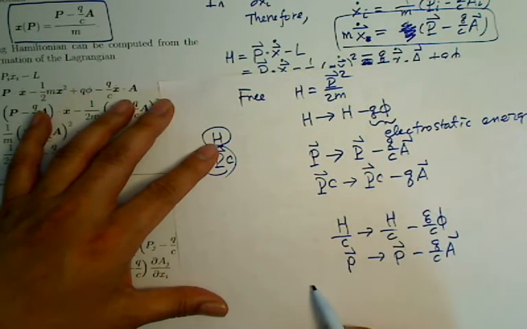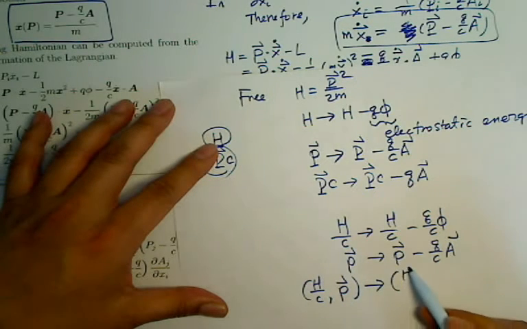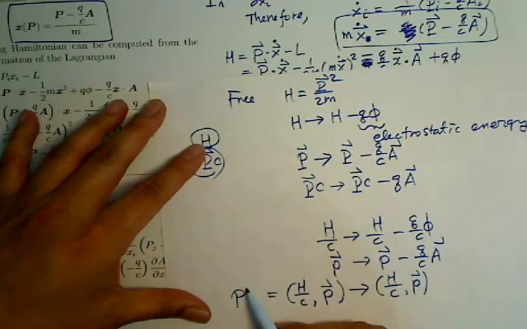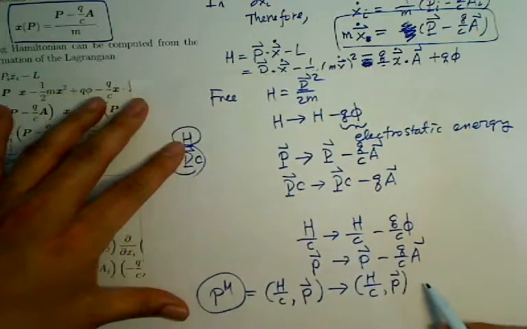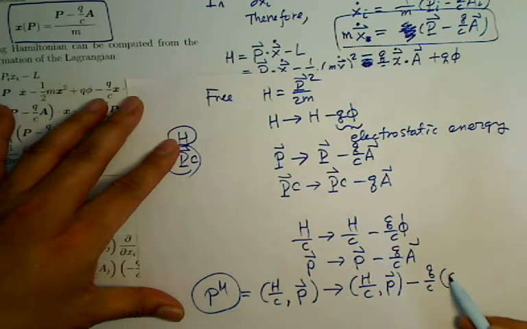You have noticed that this is a kind of 4-vector. Energy divided by speed of light and momentum is to be replaced with this one. This is just like a 4-vector momentum plus a minus phi A. Aha!